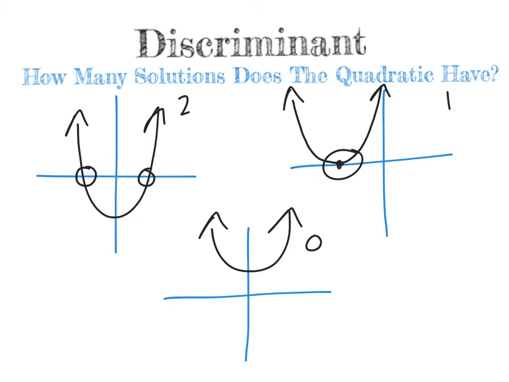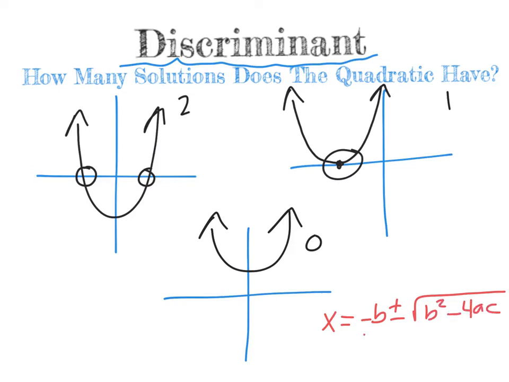How can we predict this using the discriminant? The discriminant is another fancy word for using what's inside the quadratic formula. The quadratic formula, I'm going to remind you here, I'll put this in red so it stands out a little bit, is x equals negative b plus or minus the square root of b squared minus 4ac all over 2a.